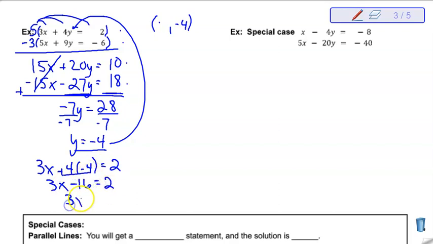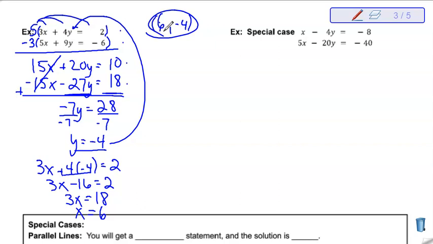When I add 16 to 2, I get 18. And when I divide by 3, I do get 6. Therefore, 6, negative 4 is my answer. Okay? So that's all the different possibilities for elimination. And I will tell you, more often than not, you will be solving a system by elimination.